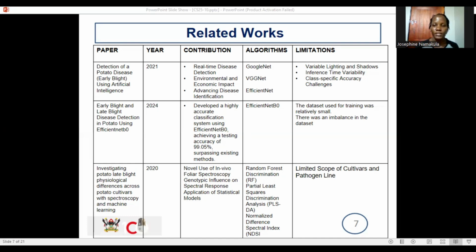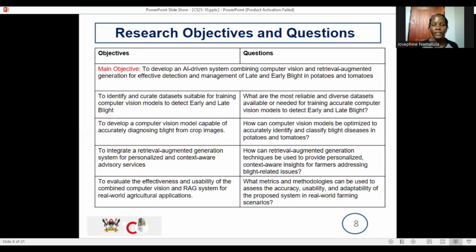When I move to the next slide, I find our research objectives and questions. The main objective was to develop an AI-driven system combining computer vision and retrieval augmented generation for effective detection and management of late blight and early blight in potatoes and tomatoes.